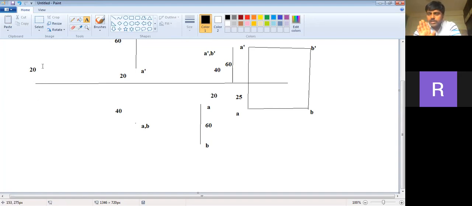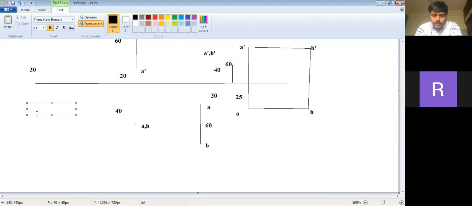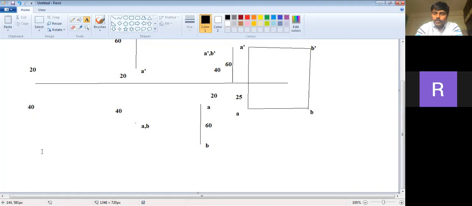I'm not thinking about B dash, I'm thinking only about A. A dash is 20 mm above HP and 40 mm in front of VP. So I am saying 40 mm in front of VP here. So here I have 1 point and here is 1 point. Please see, drawing a vertical line here.